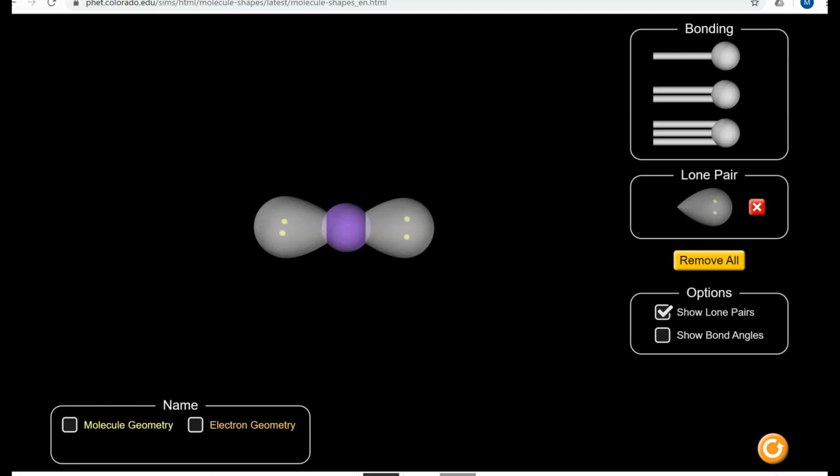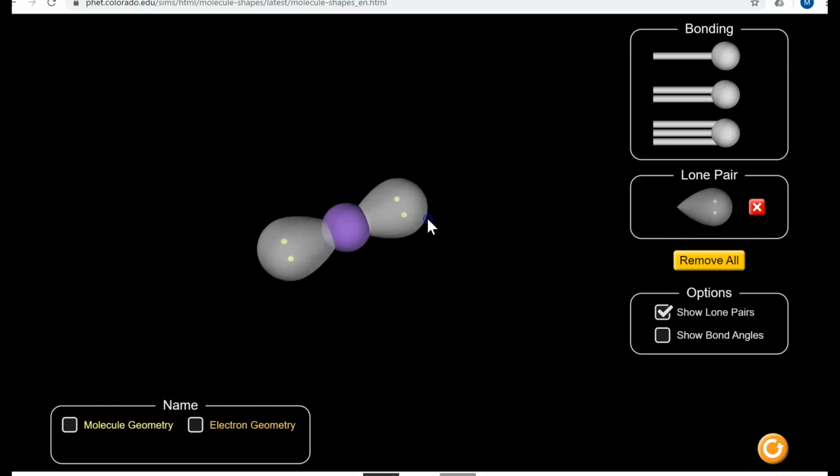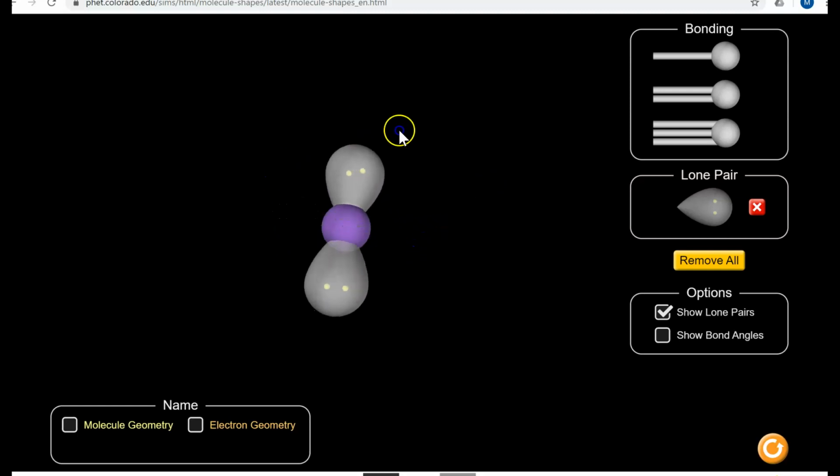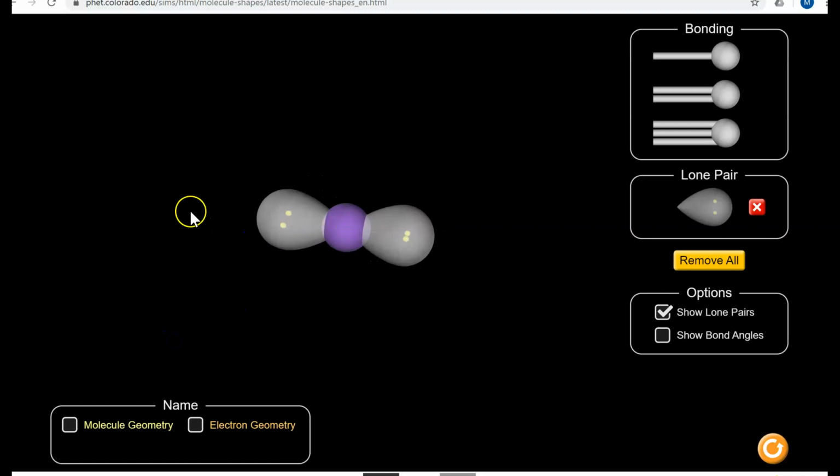Here we have in purple a center atom, and I've added two electron regions. Just to keep it simple, I added two lone pairs. Right here, you can remove them and you can add them, and then you can rotate this molecule however you want to help visualize.